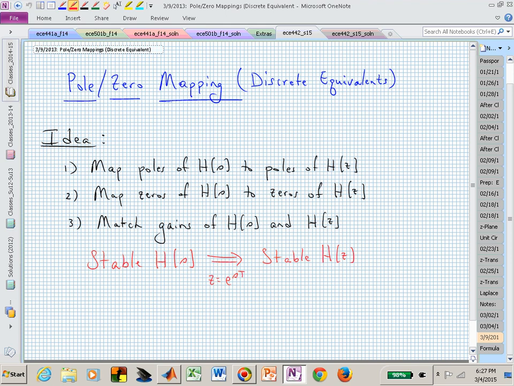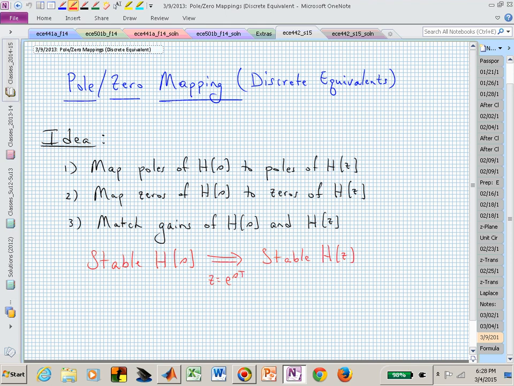What is it? DC gain, s equals 0. What about z in h of z? Z equal 1. So now you would evaluate h of s at 0, get a number, because you know the gain. You might not know the gain in h of z. It might be some k, and that's what you're trying to solve for. But you know all the poles and zeros after steps 1 and 2. You're mapping through this relationship, z is equal to e to the st.